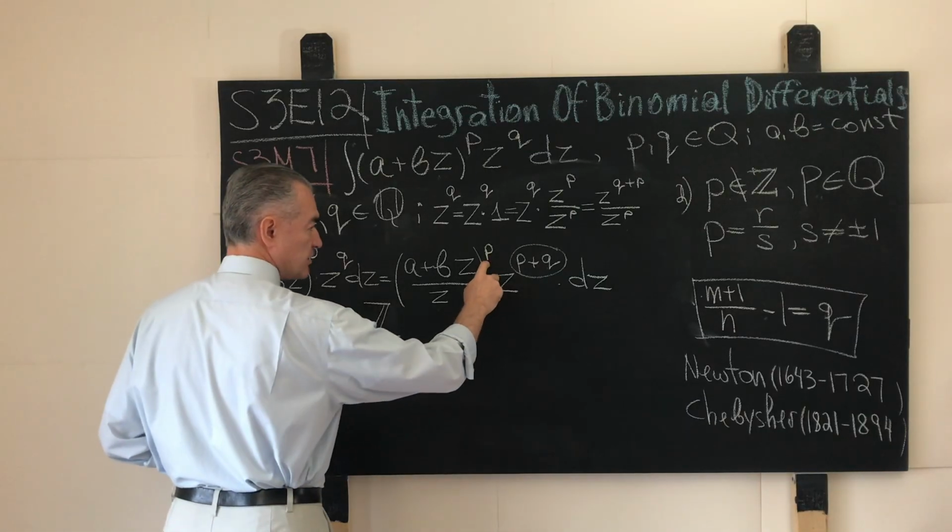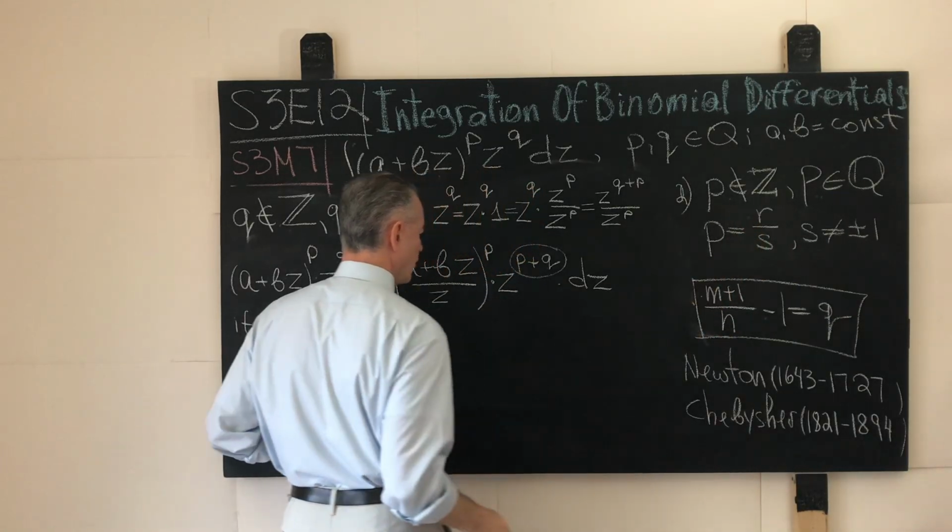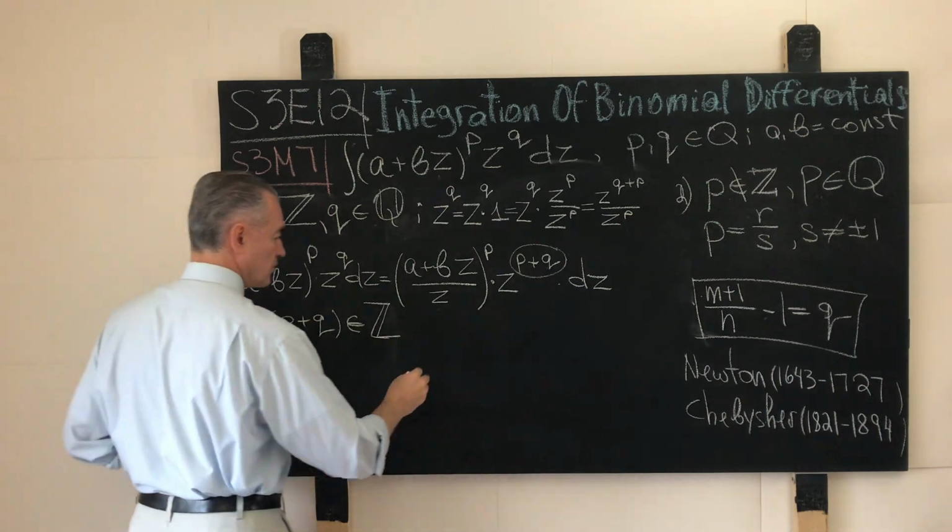Well, then remember again, p is representable as r over s, is the ratio of two whole numbers. And then in this case, we will do precisely that.